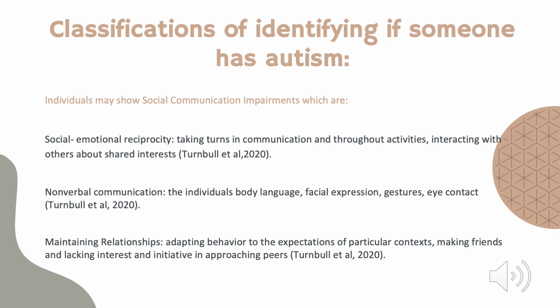And the last one is maintaining relationships: adapting behavior to the expectations of a particular context, making friends, and lacking interest and initiative in approaching peers. All these classifications show how people with autism struggle with being social and maintaining relationships and lack interest in making friends. However, it also depends on where the individual is placed, such as the environment that they're in.